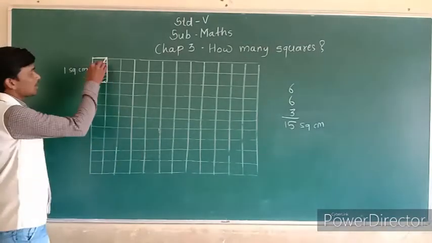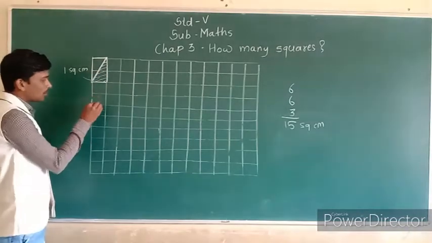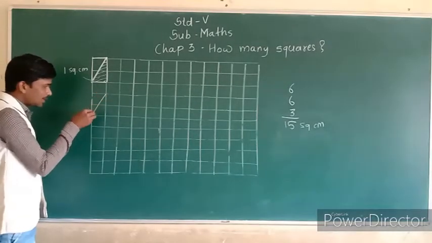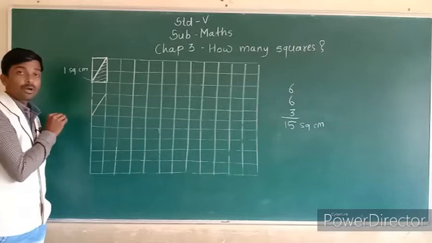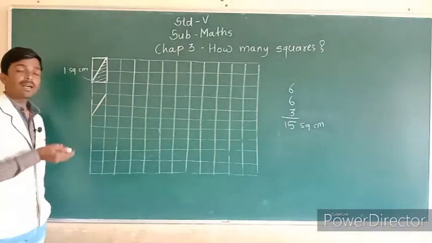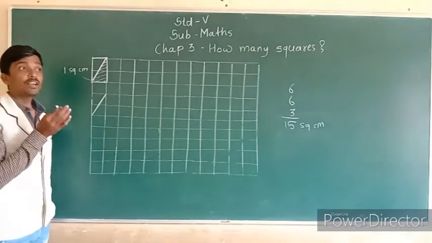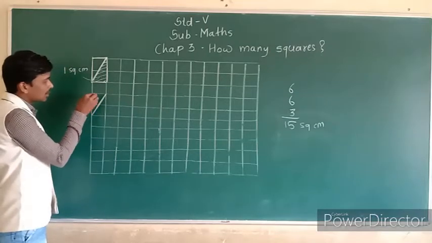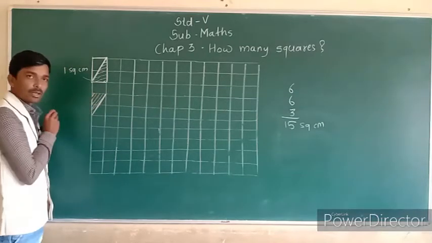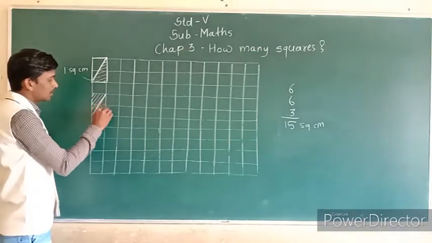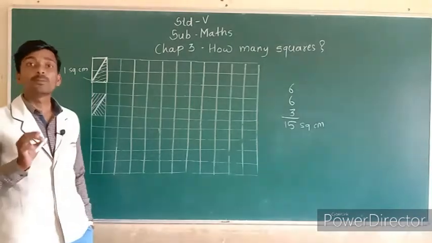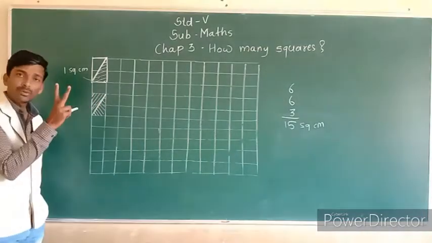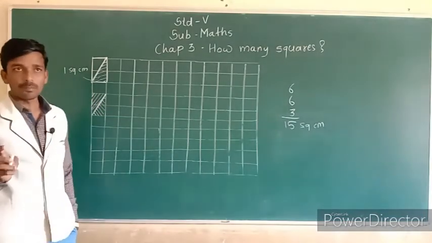Why is that 1 square centimeter? See, these are 2 squares, 1 and 2. And when you draw a line like this, what happens? The 2 squares divide into 2 equal triangles. This one is one triangle, and this is the second triangle. If both triangles are the same, their area is the same.